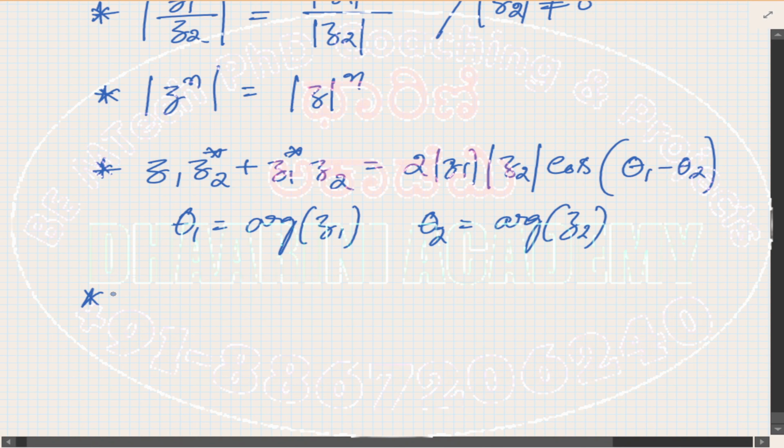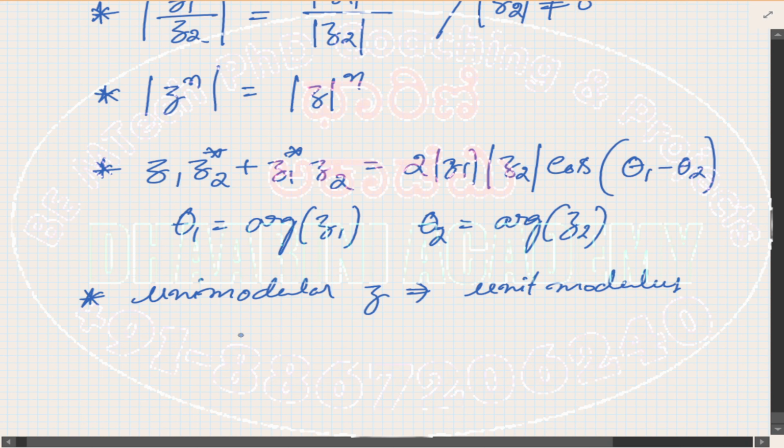Right. And there is a specific case called unimodular z. It indicates unit modulus. What is unit modulus? This implies magnitude of z is 1.